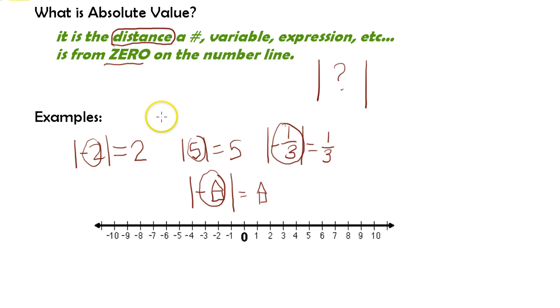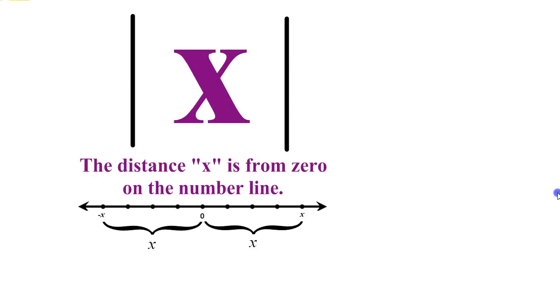So let's apply it now to something different than a number in there. Let me scoot this down. Now I have the absolute value of x, and let's say I set it equal to 5, completely making this up. Now this is telling you something different.